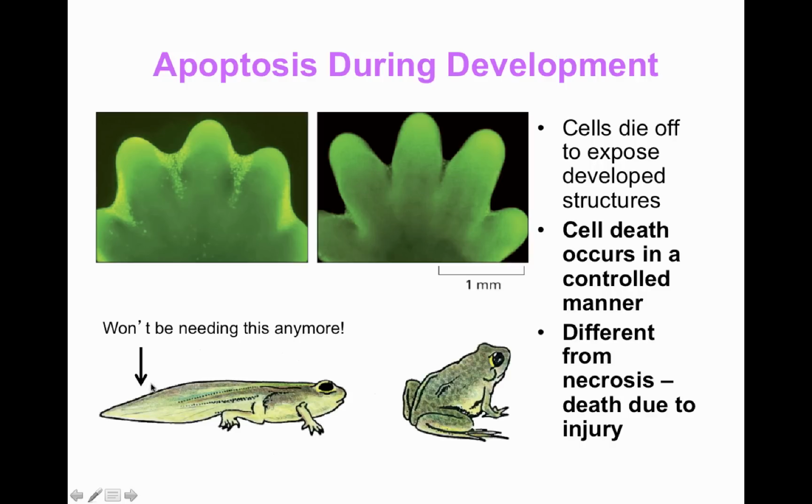Also, the tadpole has a long tail that it uses to propel. When the tadpole is undergoing metamorphosis and maturation, that tail will not be needed anymore, and therefore the cells that comprise the tail and all the muscles used for locomotion will be eliminated by apoptosis. So that is a controlled way of death.